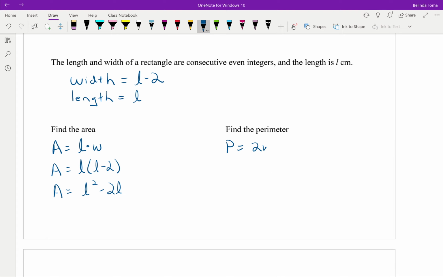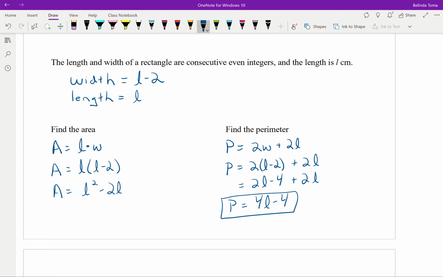So 2 of the widths plus 2 of the lengths. And given what we know about width being L minus 2, it's going to be 2 times the quantity of L minus 2 plus 2L. When we simplify here by distributing and then collecting our like terms, we get 4L minus 4 for the perimeter.